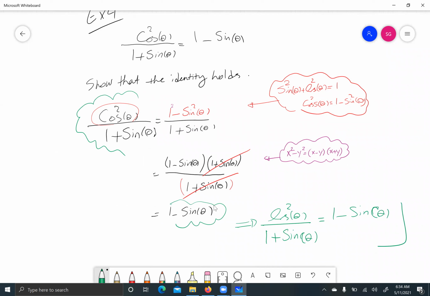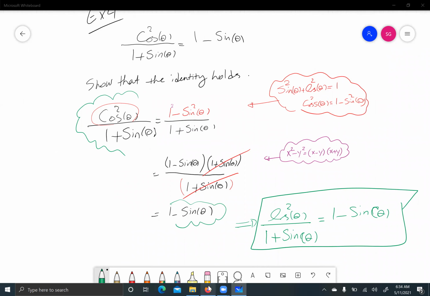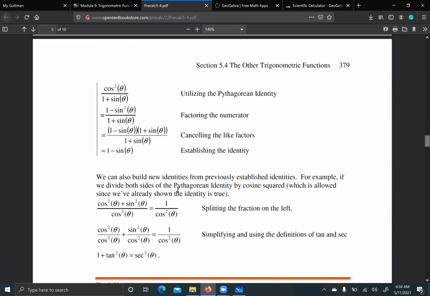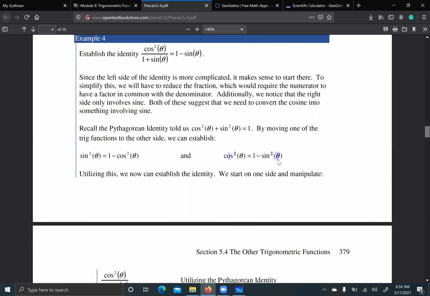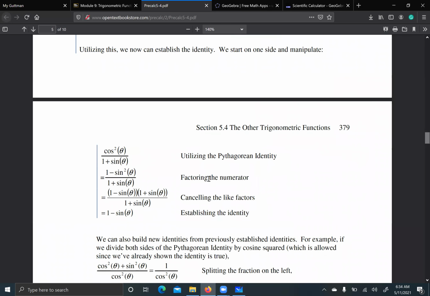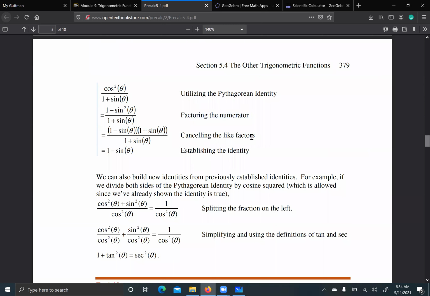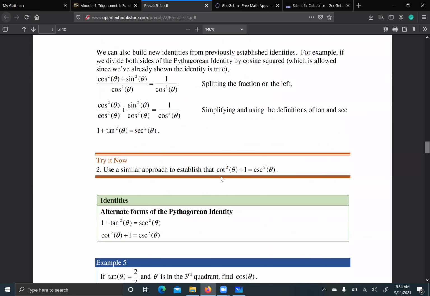So the identity holds. Here we first used this identity to substitute cosine square, then we factored the numerator, and then we canceled, and then we established the identity.